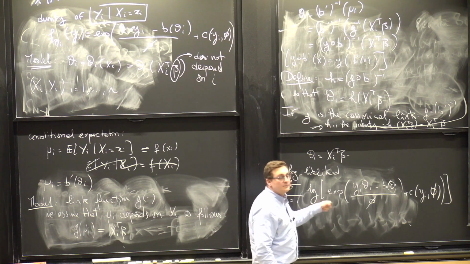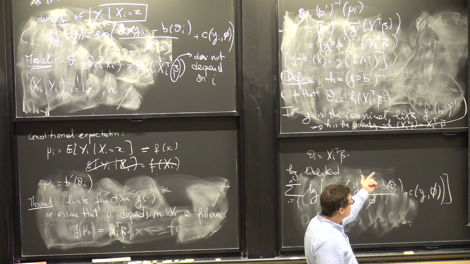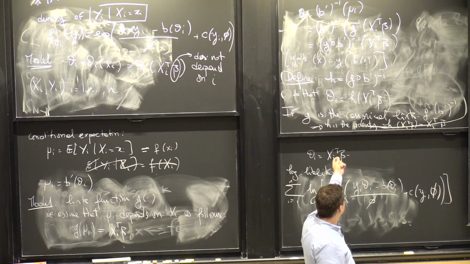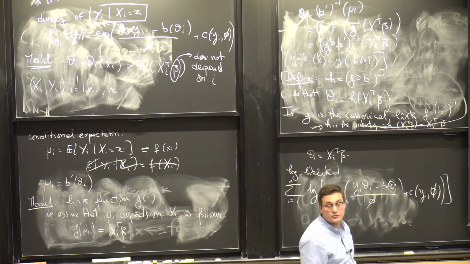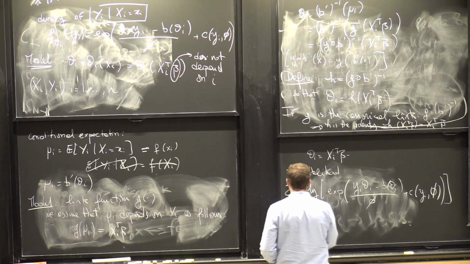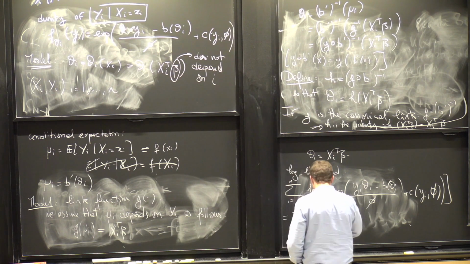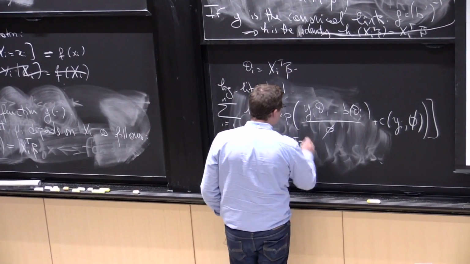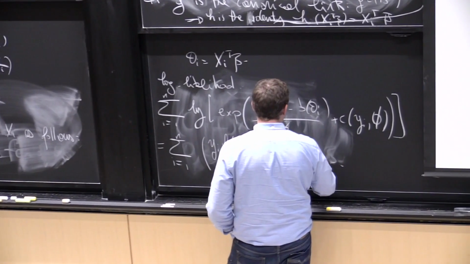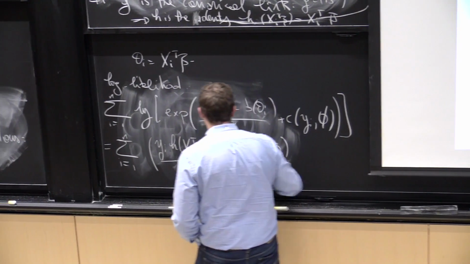First of all, the log and the exponential are going to cancel each other. And second, I actually know that theta is just a function of beta, and it has this form. Theta i is h of xi transpose beta. And that's my modeling assumption. So this is actually equal to the sum from i equal 1 to n of yi h of xi transpose beta minus b of h of xi transpose beta, divided by phi.